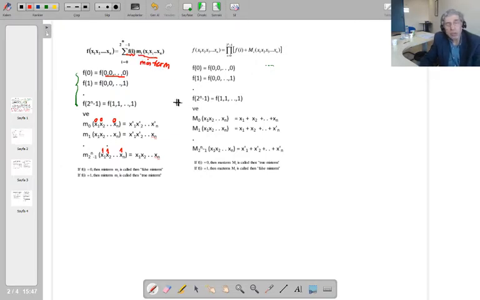Now let's consider the function values. If the function value is equal to 0, 0 times that min term, 0 multiplied by something gives you 0, isn't it? So if the function value for a min term is equal to 0, then this term disappears.